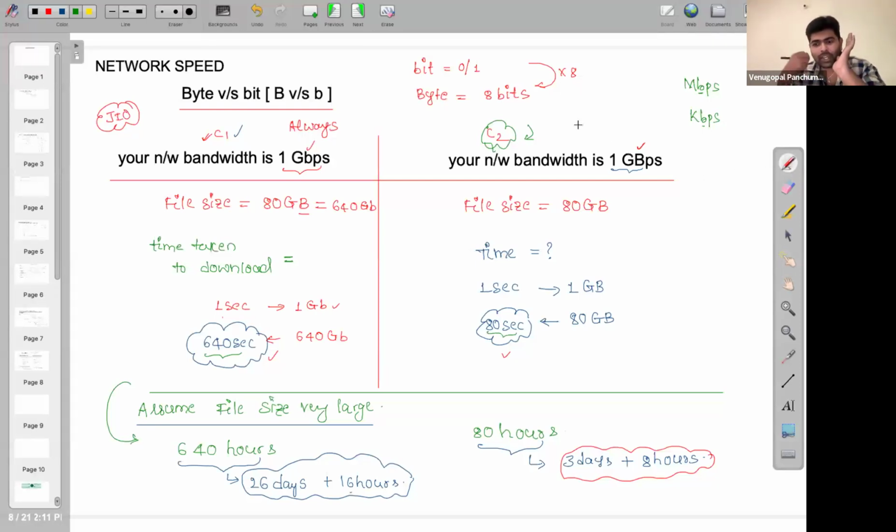So I am talking about your hometown, like in your home, whenever the network service provider, the ISPs, right? ISP means internet service provider.